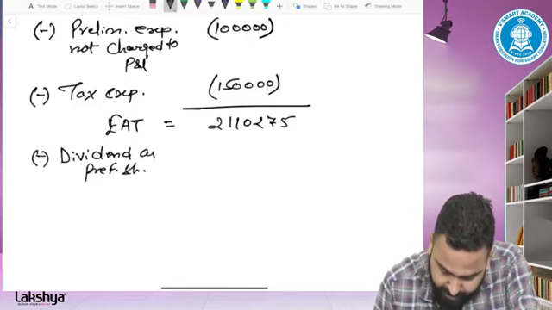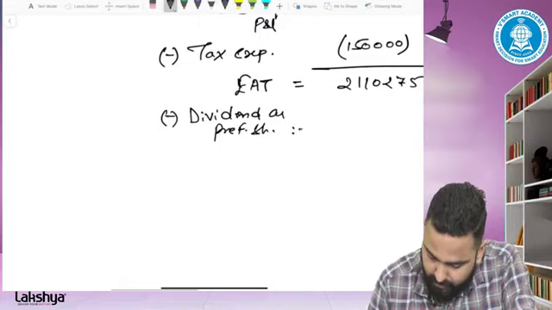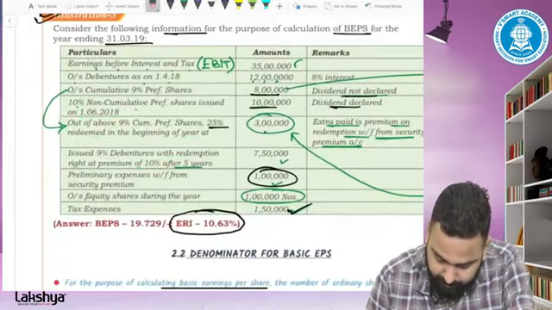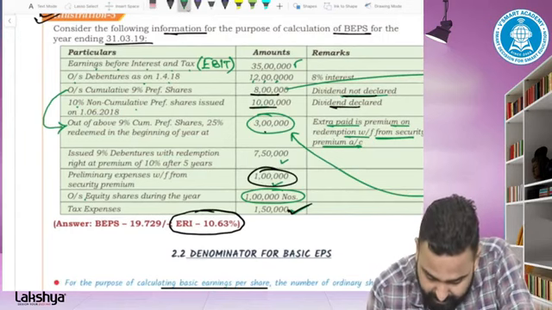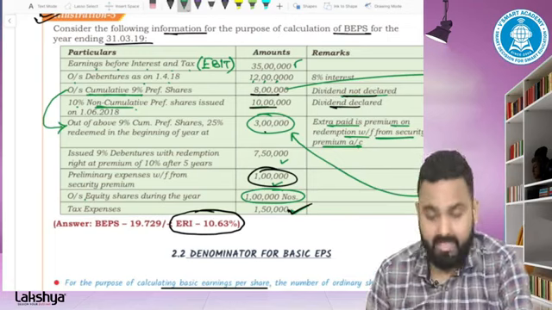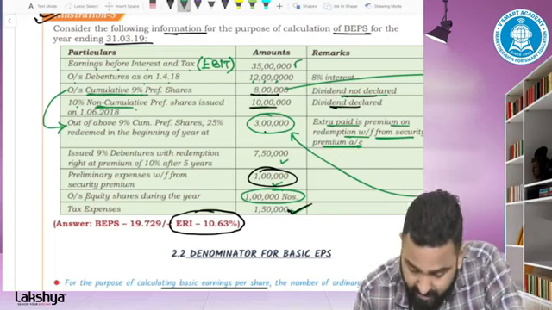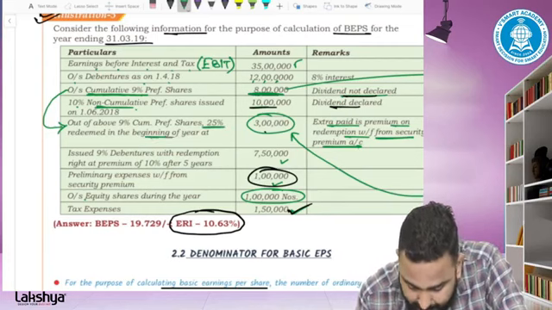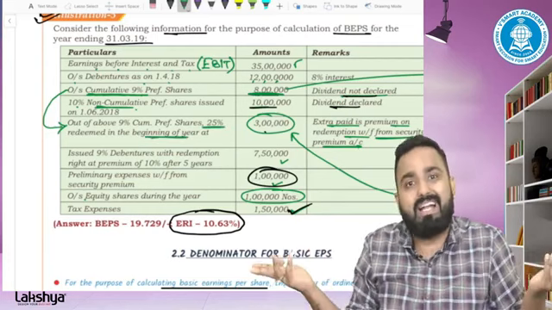Dividend on preference shares, there are two preference shares with us, cumulative and non-cumulative. As far as cumulative is concerned, we have 8 lakh, but we have redeemed 25% in the beginning. So we have 6 lakh outstanding.